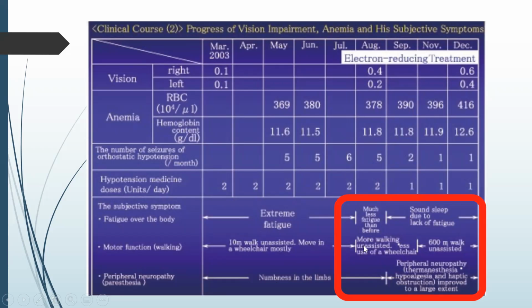After using the treatment, he could walk more without help and used the wheelchair less. In November and December, he could walk up to 600 meters without any help. The numbness in the limbs also improved, and all the peripheral neuropathy improved.